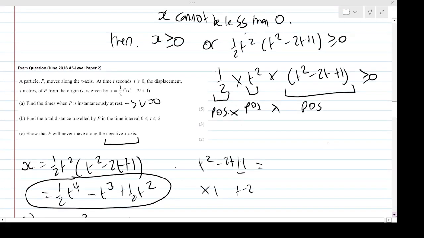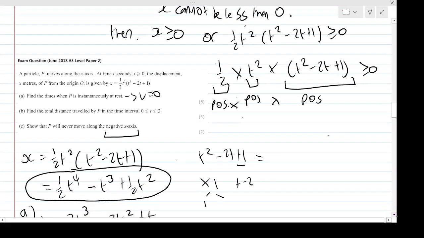So the factors of 1 are just 1 and 1, right? So if we want to add them to get minus 2, they both need to be negative 1, because then negative 1 times negative 1 is plus 1, and add minus 1 and minus 1 to get minus 2. So that's my factor pair. So it's going to be t minus 1 times t minus 1. Well, hang on, we can just make that squared then, because it's the same factor twice. So this is the factorisation.